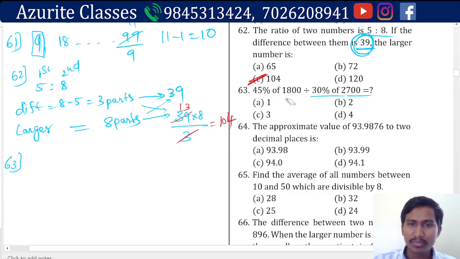So 45 by 100 into 1800. Two zeros cancel. So 45 into 18, how much? 18 5s are 90, carry 9, and 18 4s, sorry, 18 4s are 72. 72 plus 9 is 81. So 810.